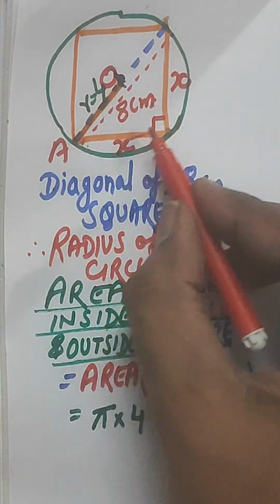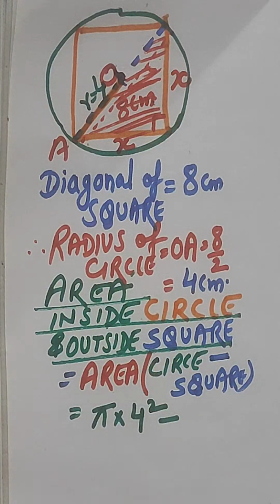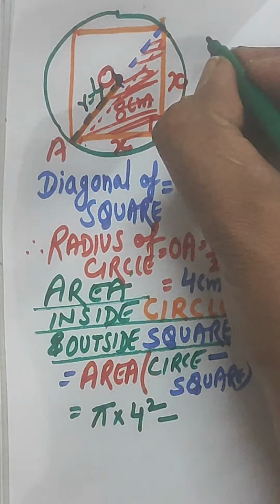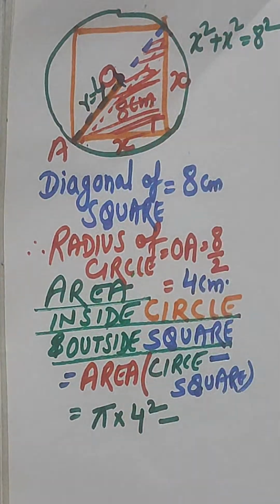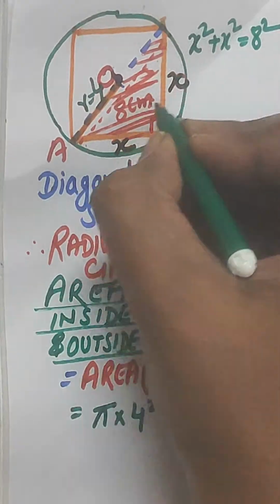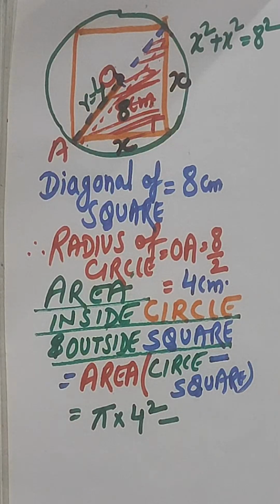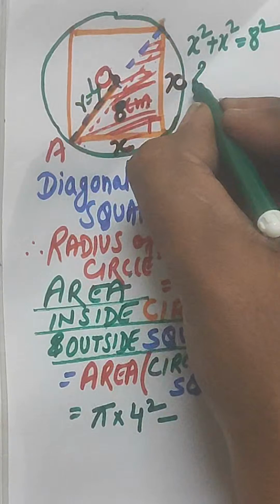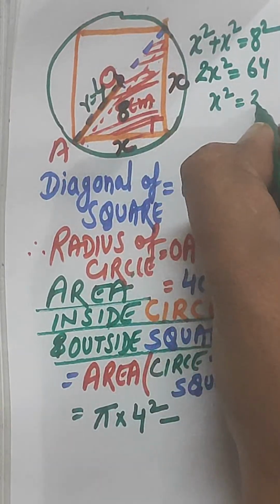Applying Pythagoras across this right angle triangle, x square plus x square will be equal to 8 square. The diagonal is 8, which is acting as a hypotenuse, and the sides are x. So this will show you 2x square equal to 64, and x square is nothing but 32.